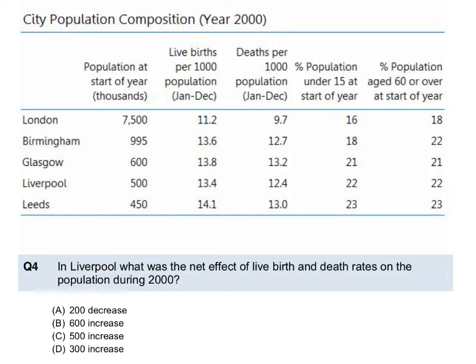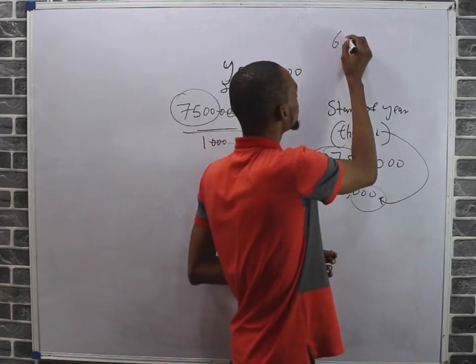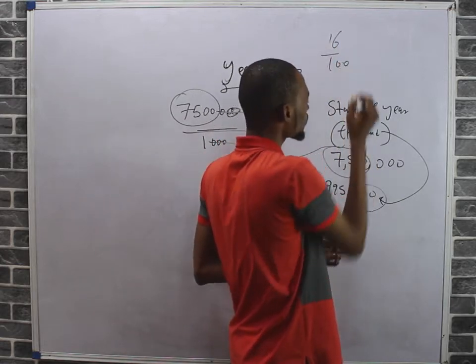Percentage population under 15 at the start of the year. You can see that for London, it is 16%. And 16% simply means 16 over 100.